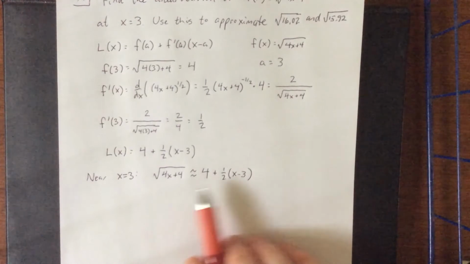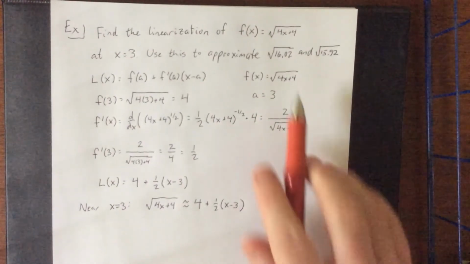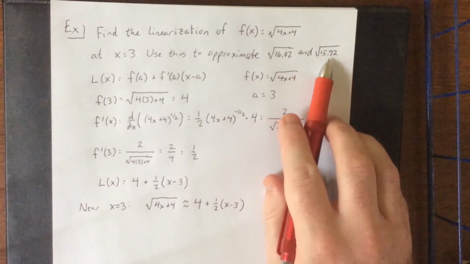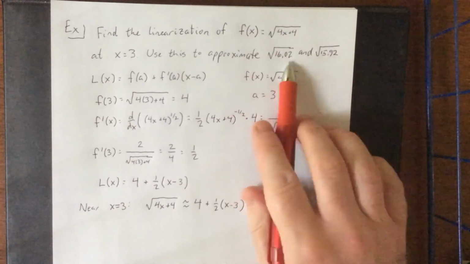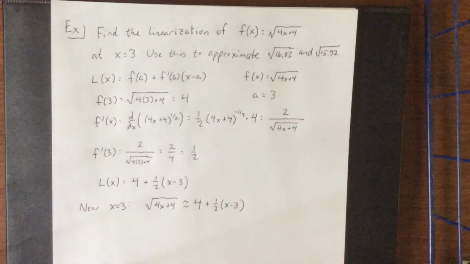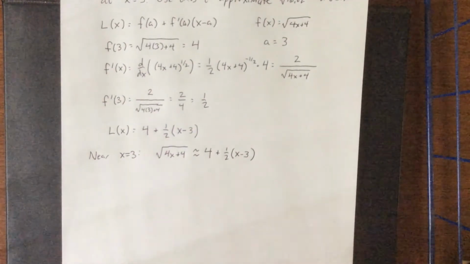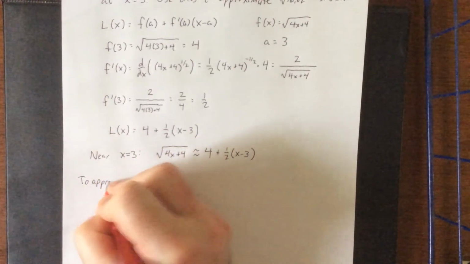Now the thing that's different about this problem in comparison to our last problems is that we're not just plugging in x equals 16.02 and x equals 15.92. Rather, we want the thing underneath the radical to be equal to these two values. So with that in mind, we actually need to do a little bit of algebra to figure out what x is equal to.